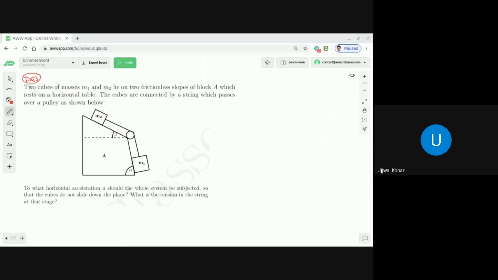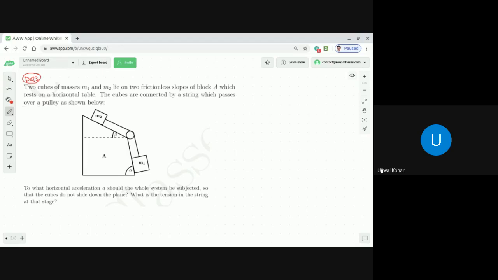Okay, so if you look into the diagram, dear Shrestha: two cubes of mass M1 and M2 lie on two frictionless slopes of block A and rest on a horizontal table. The cubes are connected by a string which passes over a pulley, as you see in the adjoining diagram.